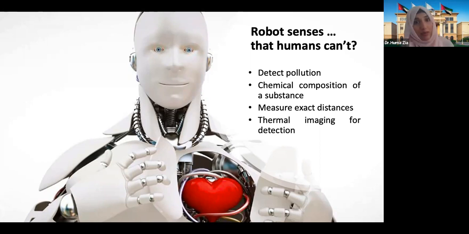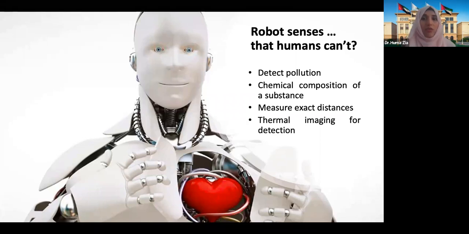So a robot can detect pollution. It can detect the chemical composition of a substance. It can measure exact distances, which a human cannot. It can do thermal imaging for detection. A robot cannot tell you if a substance tastes good or if there is an odor that smells bad. However, it can give you more information than a normal human being can.